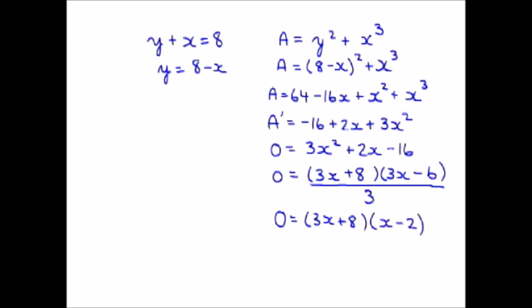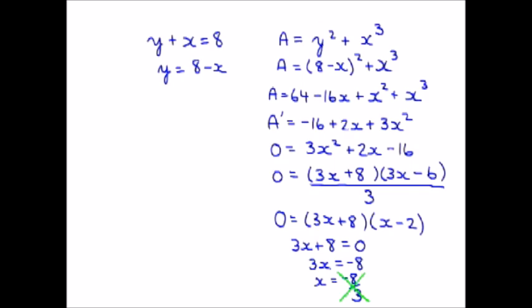If the product of these two binomials is 0, then one of those binomials, one of those factors, must be equal to 0. So 3x plus 8 equals 0, which when I solve gives me x equals negative 8/3, which I'm going to cross off because they told us right off the bat that our two numbers were whole numbers, and negative 8/3 is not a whole number.